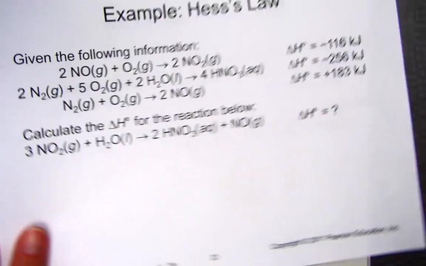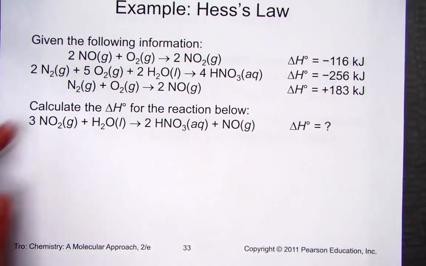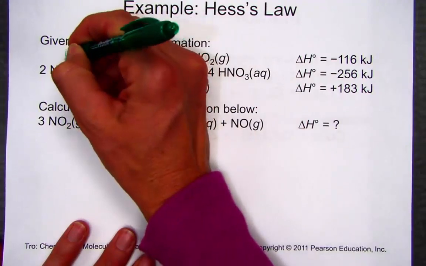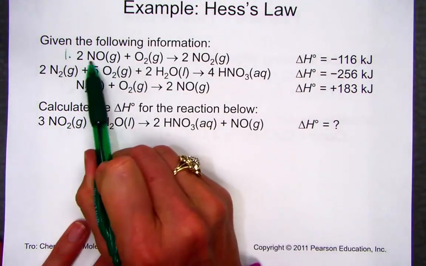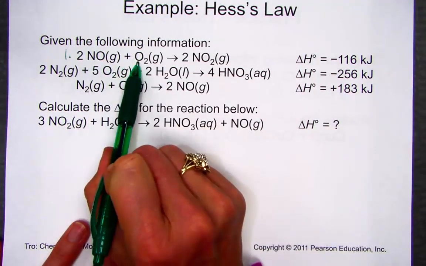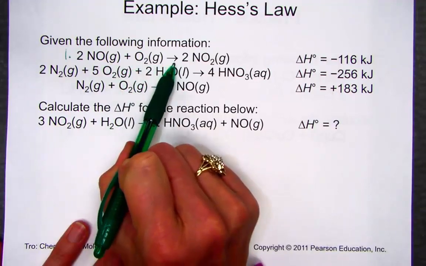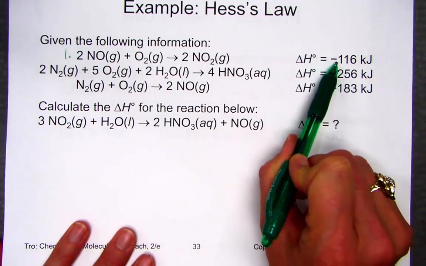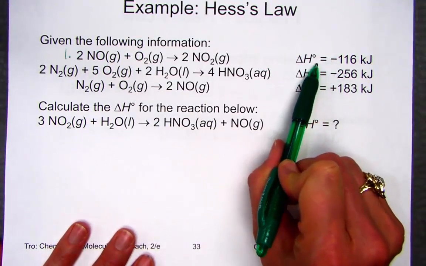Let's model a Hess's law to see if that helps clarify. An example of Hess's law. Let's examine what we called elementary reactions. Elementary reaction 1: 2 units of NO combine with 1 unit of oxygen to form 2 units of NO2. An exothermic process, 116 kilojoules of heat released.